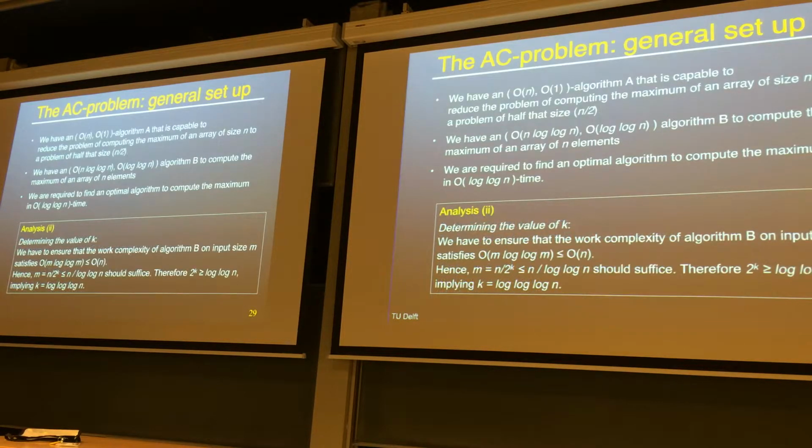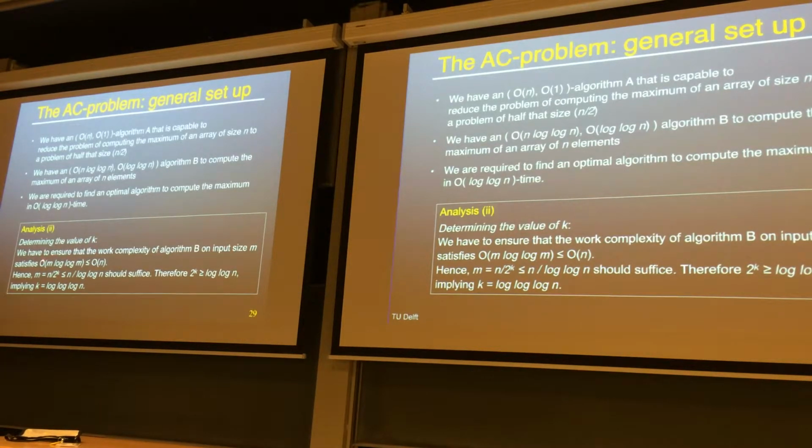So what's this satisfactory value of m? Well, you have to apply algorithm B on the input size m such that m times log m should be less than or equal to n, in order to meet the requirement of optimality. So you should not violate this bound.